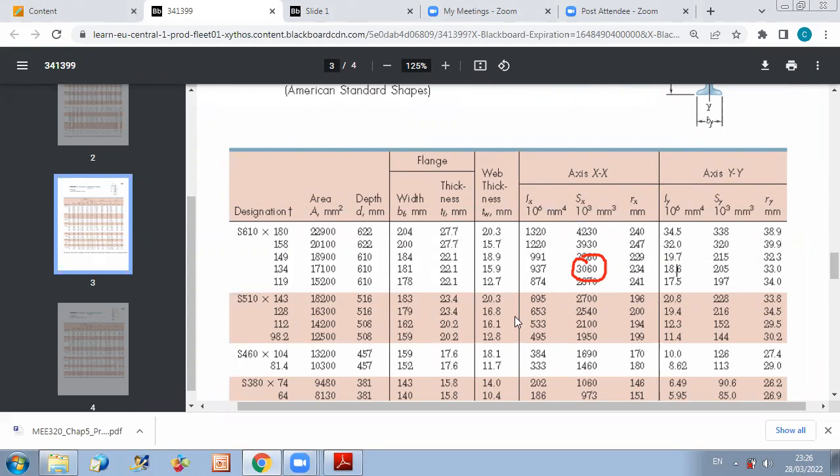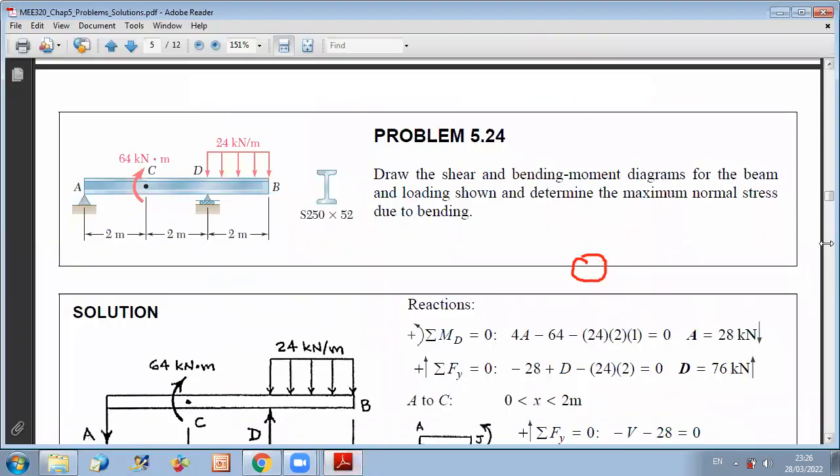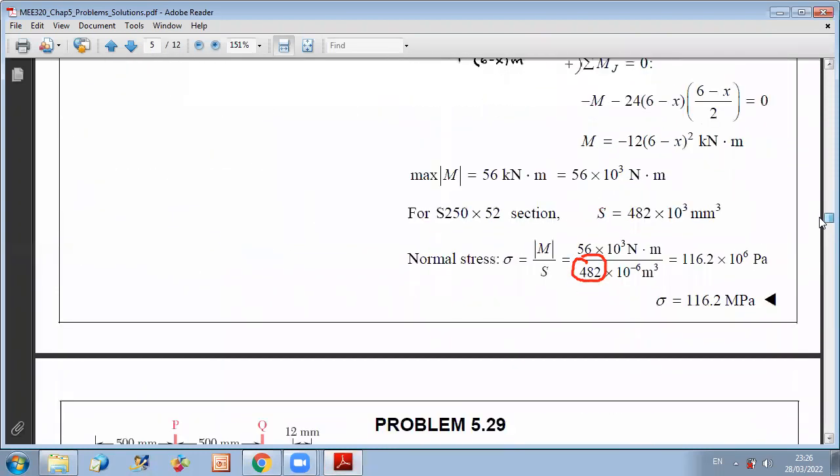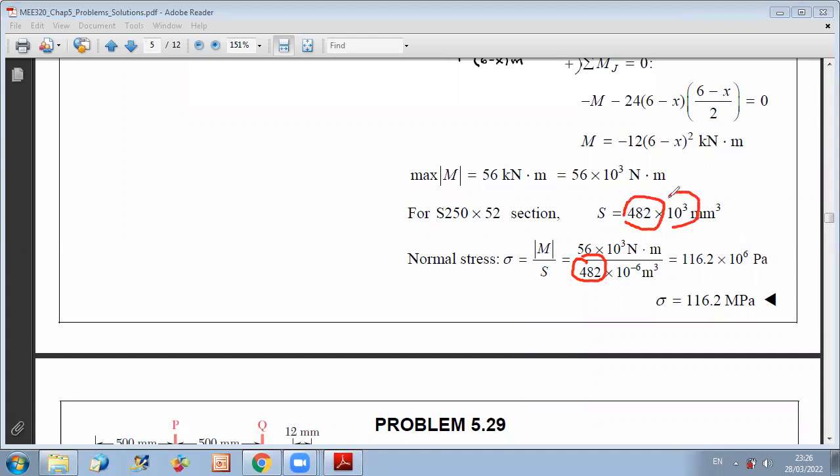Okay, so the value in the table represents the value of Sx times 10 to the power 3. This is why whenever you want to find the value of S, don't forget to multiply by 10 to the power 3. So here you have 482 times 10 to the power 3 millimeter cube.